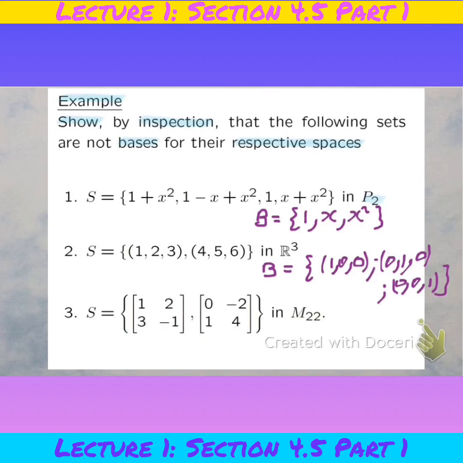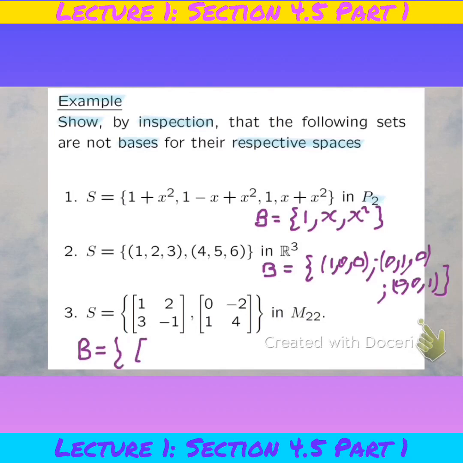What about the last one? The last one is the set S of 2 by 2 matrices given there. What is the standard basis for M22? We know the answer to this question.